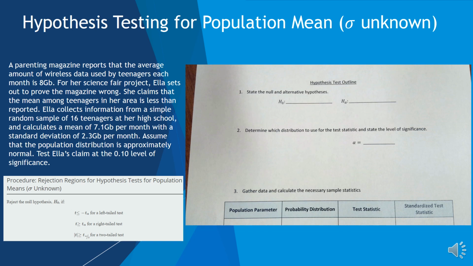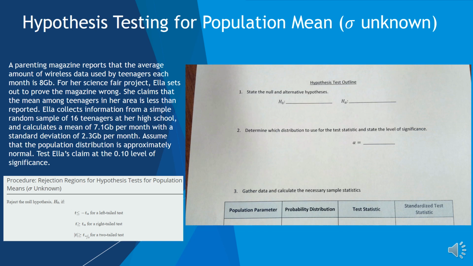Kind of got out of the frame there. There we go. Sorry about that. Alright, so there's our interpretation. We reject H0. We conclude that there is sufficient evidence to believe that at the 0.10 level of significance, the average amount of data used by teenagers each month is less than 8 gigabytes.